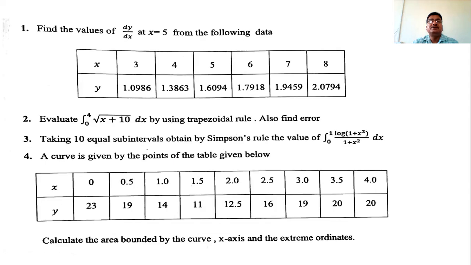These are the problems. Some problems are also on the same trapezoidal rule and Simpson's 1/3 rule. This problem is again on differentiation. So after completion of that topic, solve these problems.